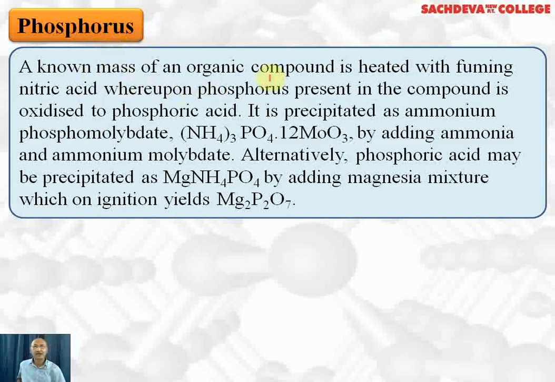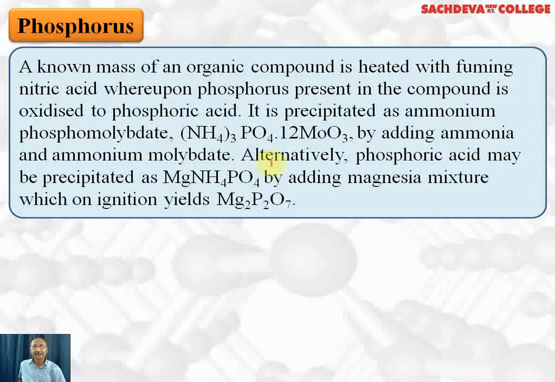Next we are taking estimation of phosphorus. A mass of organic compound is heated strongly with fuming nitric acid, in which phosphorus present in the organic compound is oxidized to phosphoric acid. It is precipitated with the help of ammonium molybdate in the presence of excess of nitric acid, and it will give us ammonium phosphomolybdate.